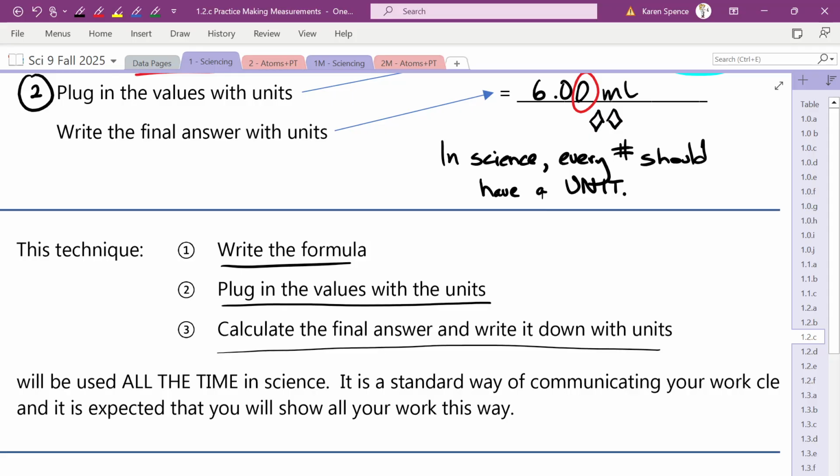All right. You can do the same, or you can do that.